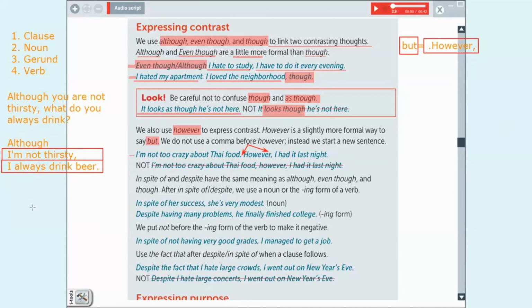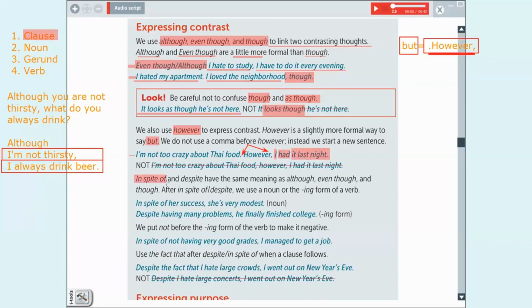However, I always drink beer. Yes, exactly. Just like that. Because however helps us to contrast, it can be used with the same ideas that we worked previously. As you can see as well with however, we have subject, verb, and complementary information. So far, we are only using clauses.